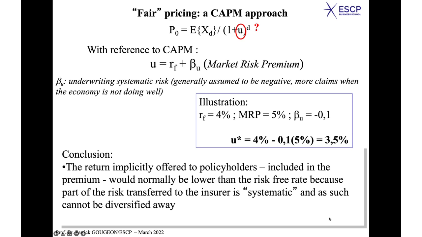It's also one way to illustrate and insist on the fact that policyholders are not just paying a premium, they are altogether providing precautionary saving to the insurer, which is invested by the insurer. And they get a return on that implicitly in the pricing.